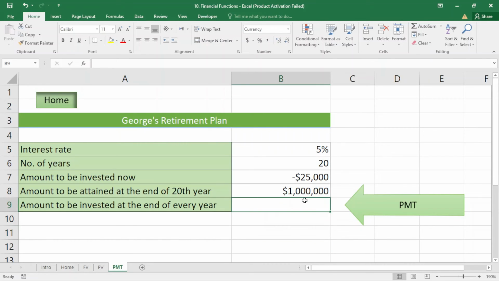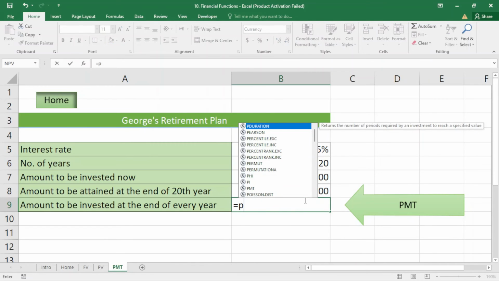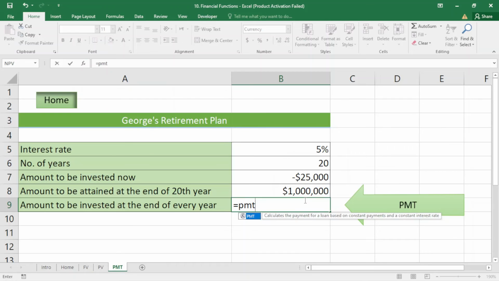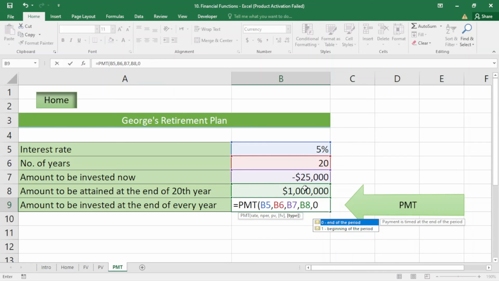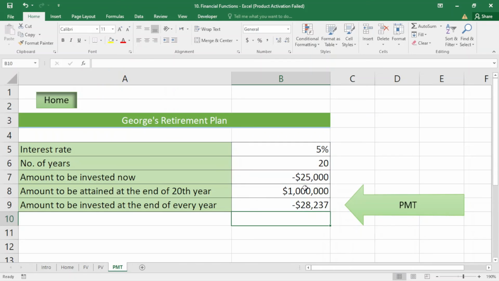So here I use this function PMT equal sign PMT, and here the rate, comma, the period of years, comma, the present value, comma, the future value, comma, and 0. Close the bracket and enter.